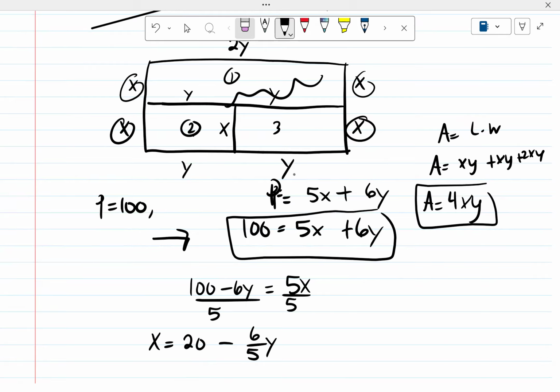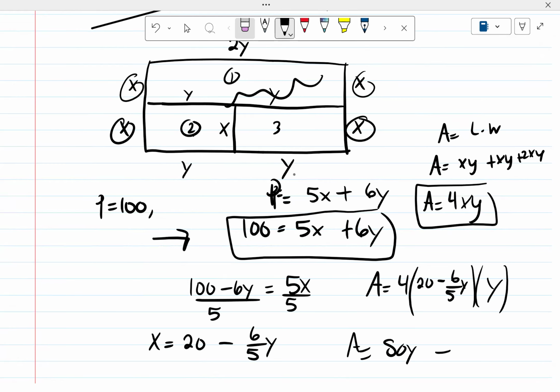Then I'm going to use the area formula and replace my x with 20 minus 6/5 y, times y. And then I get area equals 80y minus 24/5 y squared.